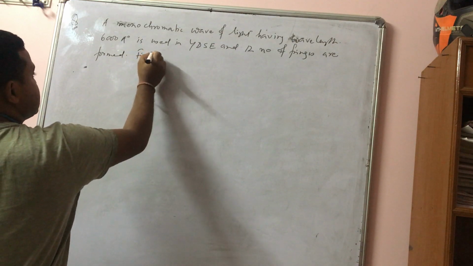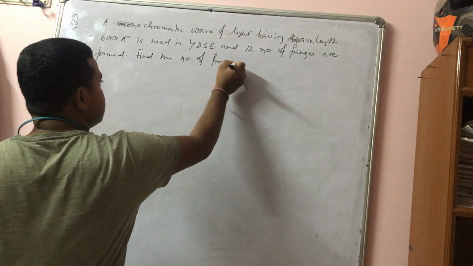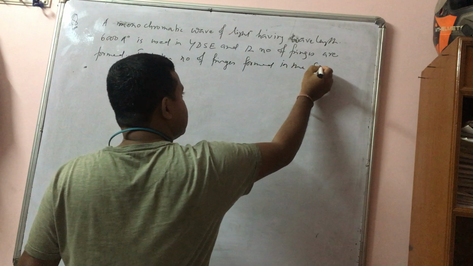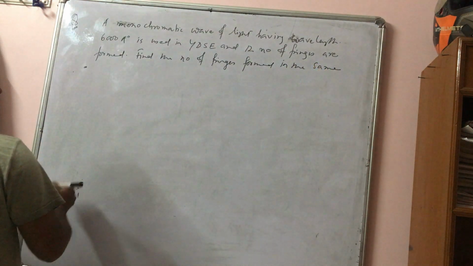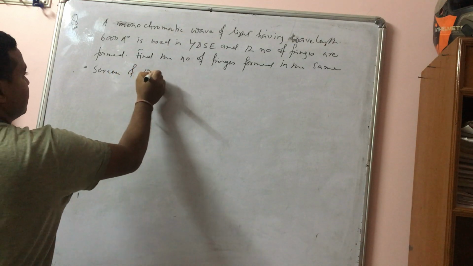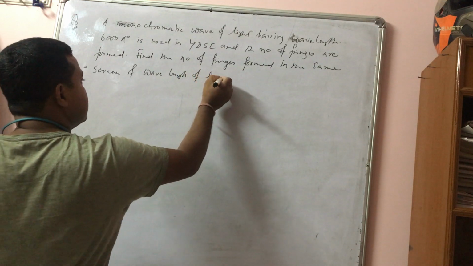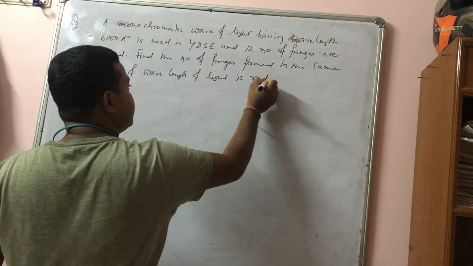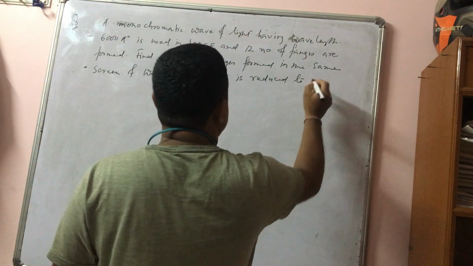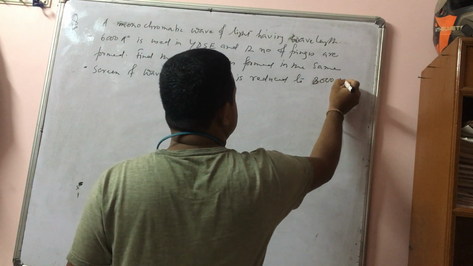Find the number of fringes formed on the same screen if the wavelength of light is reduced to say 3000 Armstrong.